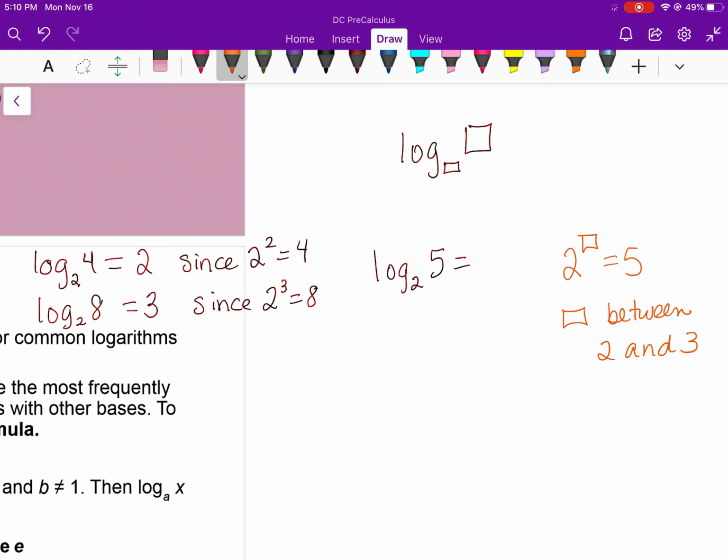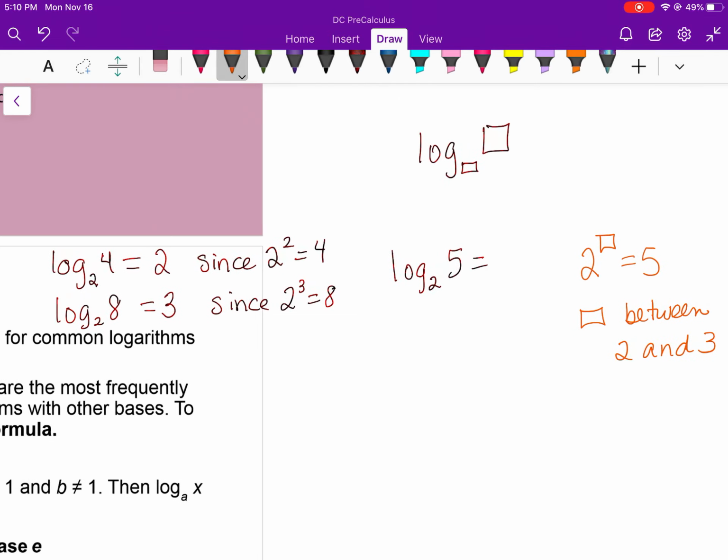So I could sit there and play with my calculator and do 2 to the 2.1, 2 to the 2.2, 2 to the 2.3, and keep fine-tuning it until I get close to 5. But there's an easier way, and the easier way is to use change of base.